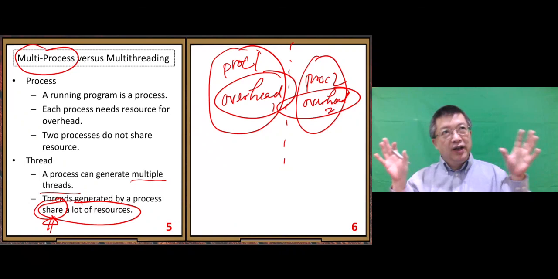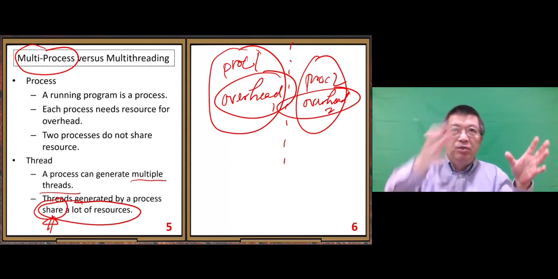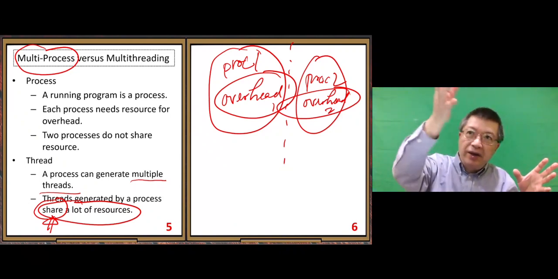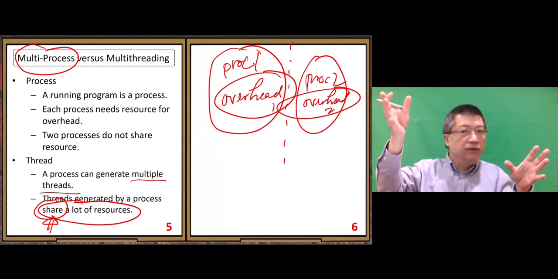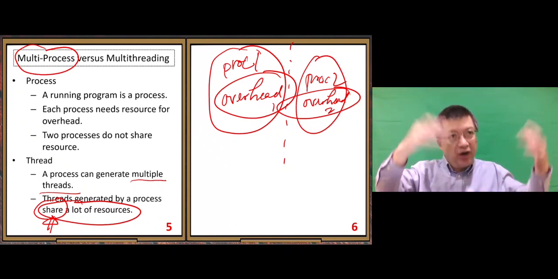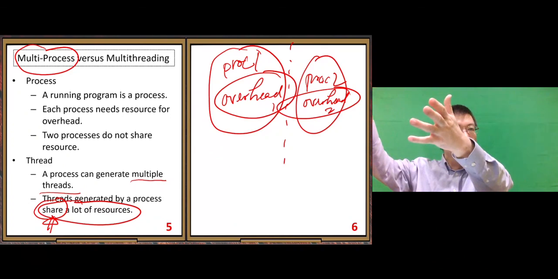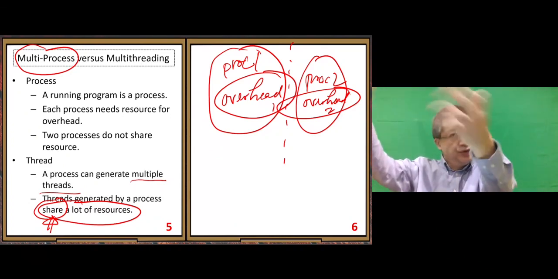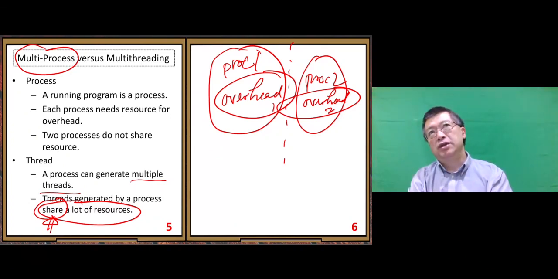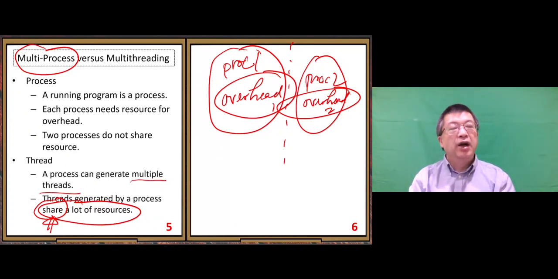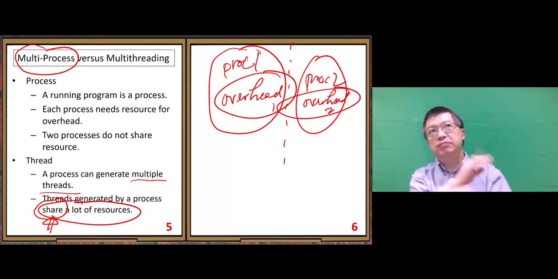For different users, you do not allow any user's data to be shared with other users. So there is a security issue related to using threads in a safe way. That issue is an important one.